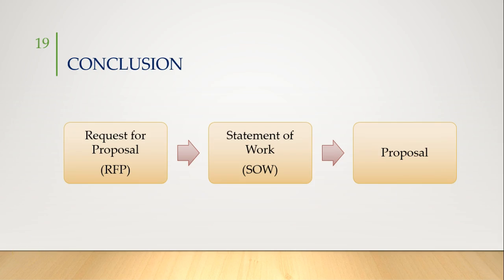Conclusion. In conclusion, we have the request for proposal, statement of work, and finally the proposal. As for the first one, the request for proposal is more than a useful document that allows suppliers to know whether they can meet all the requirements requested and fulfill the needs of the project.